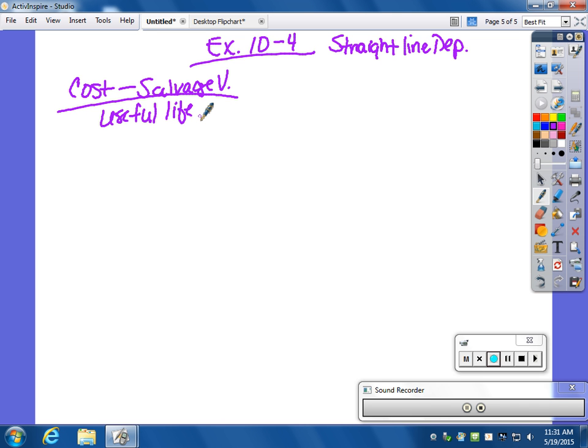What was the cost in this case? 154,000. Was there a salvage value? 25,000. And what were the useful amount of years? 4 years, which gives us depreciation of how much? $32,250 a year.